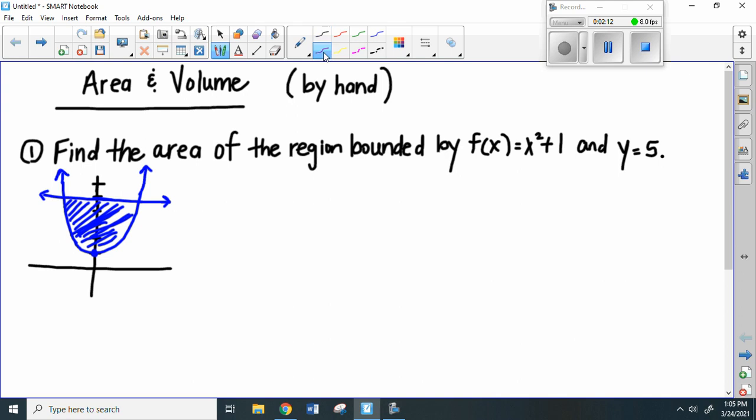You need a length times a width, and when you integrate, the width will always be your dx or your dy, depending on which way that you draw your length. If you draw your length vertically, then you will be working in x's. If you draw your length horizontally, you will be working in y's, okay?